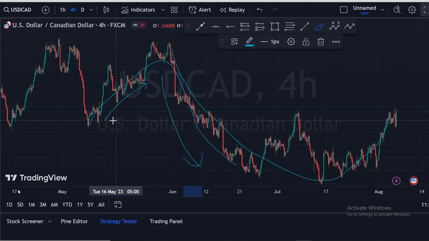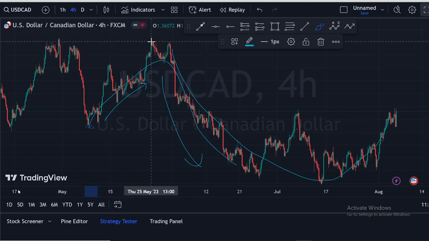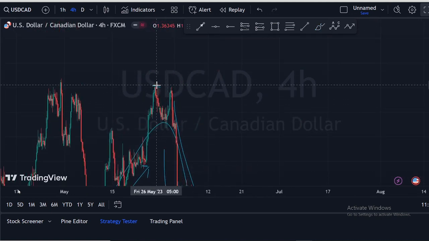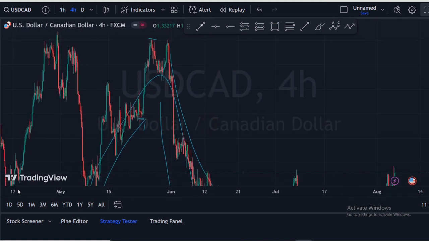The one thing that we do as well is that we mark the start of our move. So this is where our move starts, and then this is where our move ends, right? If we look at this, we can see that this is our highest point because this point doesn't break this. So this is our last highest point for this uptrend, right?